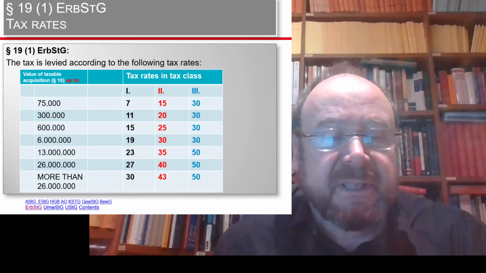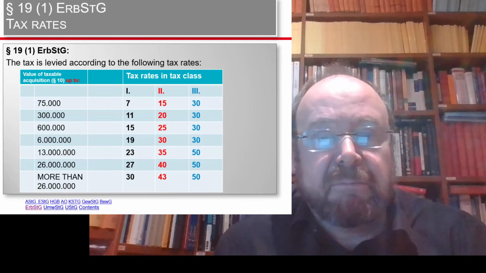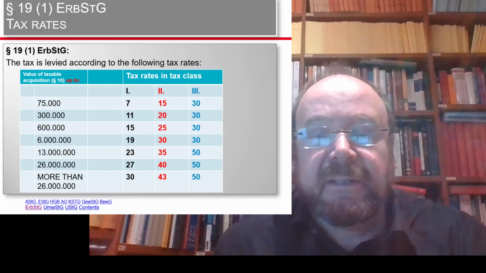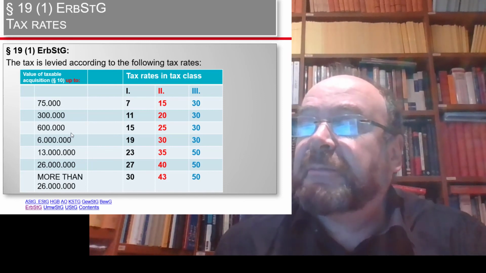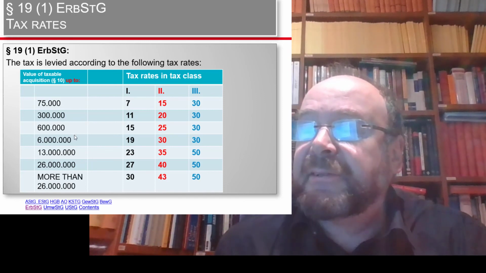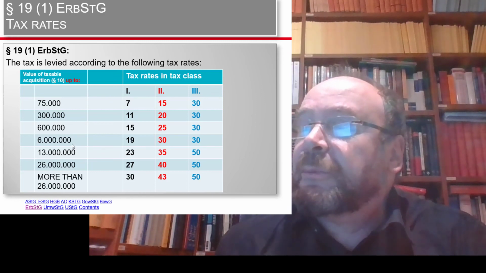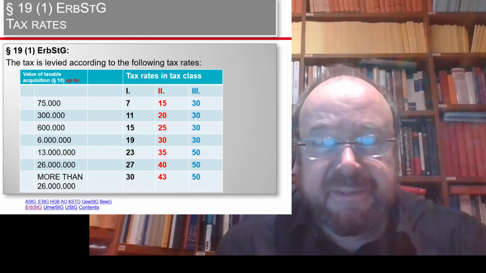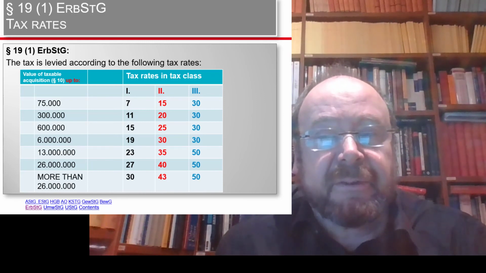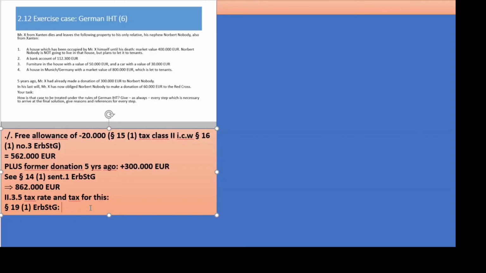We have to take the bracket up to 6 million because you remember that the entry here in the first column is always the upper end of a bracket. So we are here in a bracket where tax class 2 is already liable with 30%. So we can apply 30%.